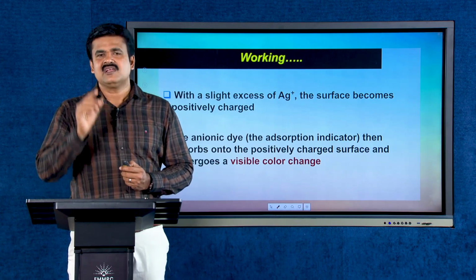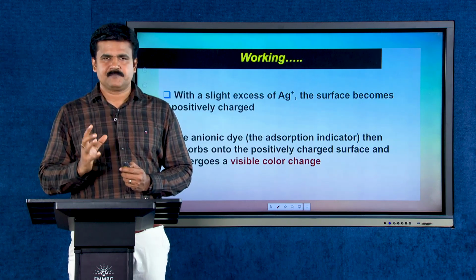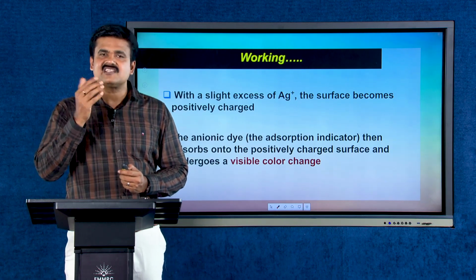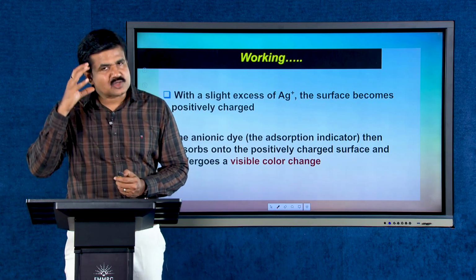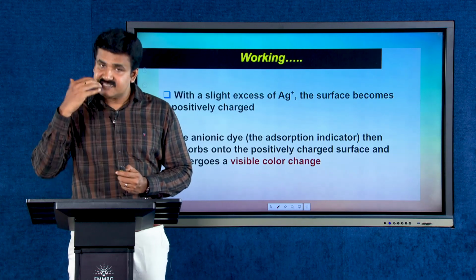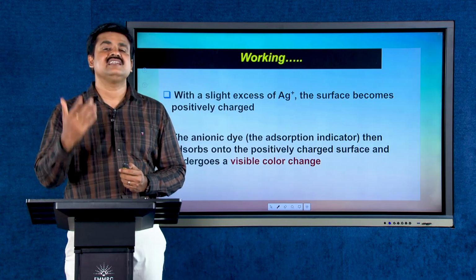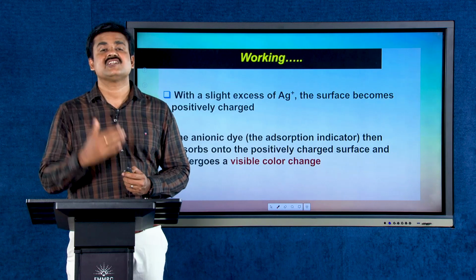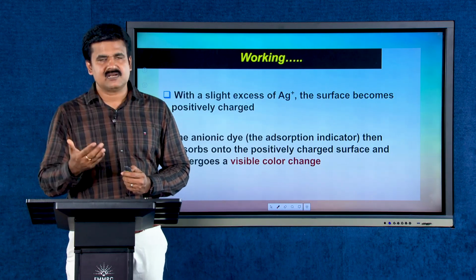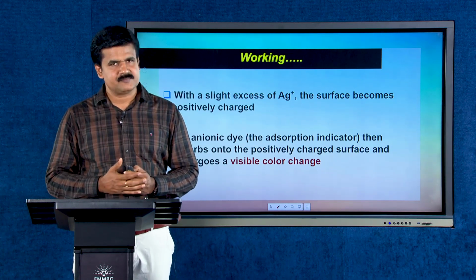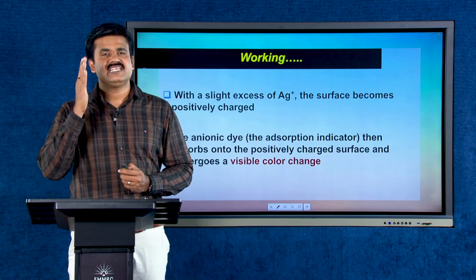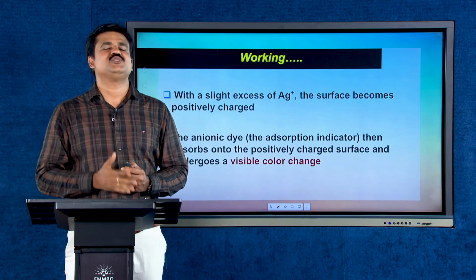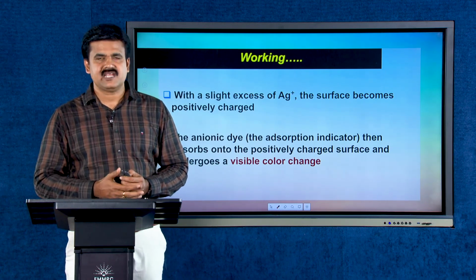So, close to the end point, this negatively charged part of the indicator adsorbs on the surface of the positively charged precipitate, and this leads to generation of a visible color, or a color change occurs, and this color change is used to identify the end point of the reaction.